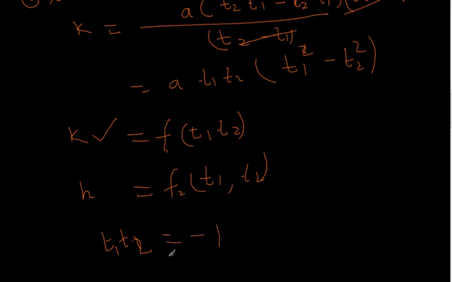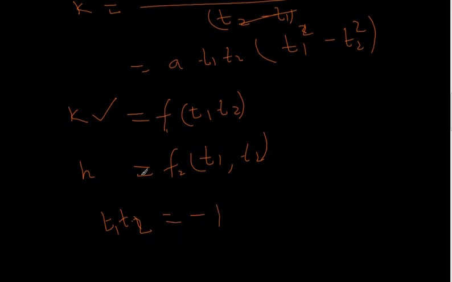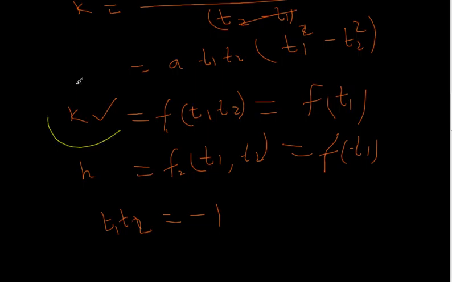T1 T2 is equal to -1. Then what will happen? You put the value of T2 in terms of T1 in these equations, so each equation becomes a function of T1 only. Now you eliminate T1, and you will find the relation between K and H. That is the normal procedure.